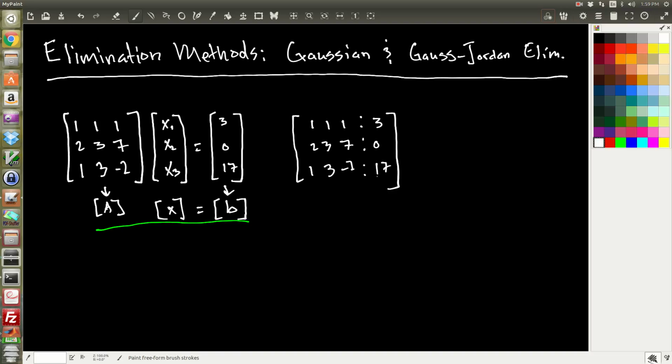Now, the general idea in elimination methods is to eliminate unknowns. Elimination is the name that these methods get because they try to eliminate unknowns.